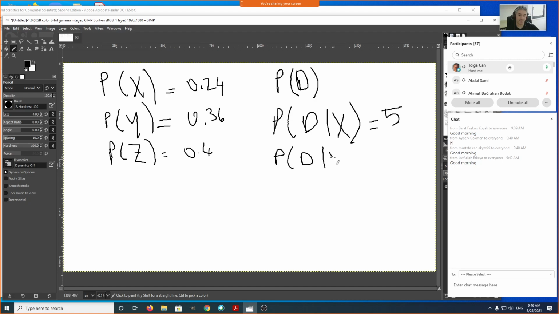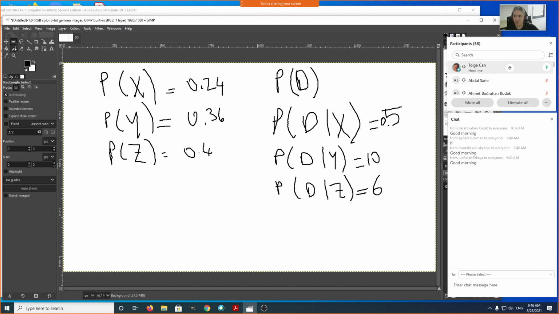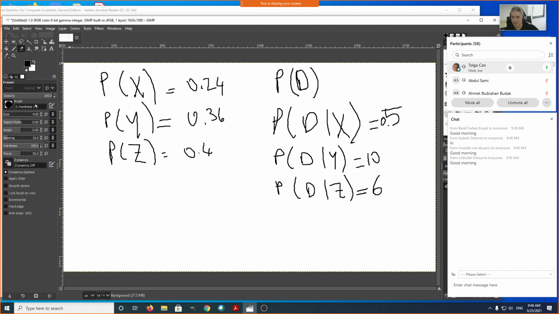The probability that the part is defective, given that the supplier is Y, is 0.10. And when we know that the event Z has occurred, the part comes from supplier Z, the probability that it's going to be defective is 0.06. So let me just erase these parts.